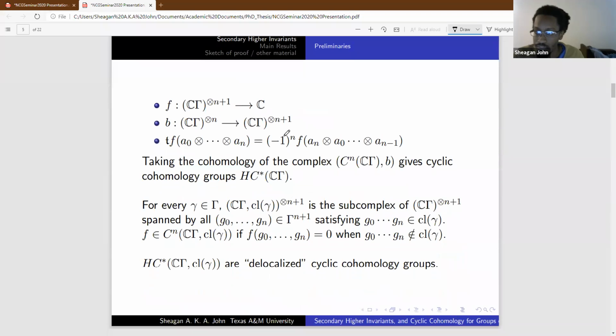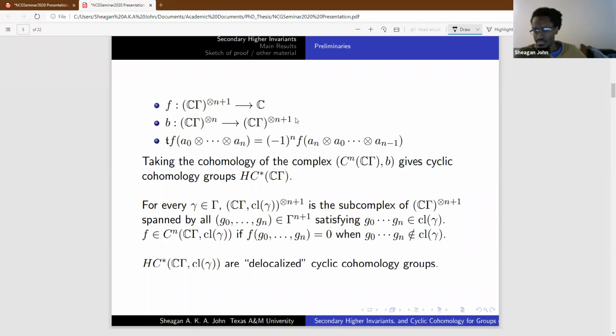And this was first introduced by Alain Connes. But here I'm going to give a very concrete representation. We take the set of all n+1 order linear functionals from the n+1 ordinary tensor product of our group algebra to the complex numbers.